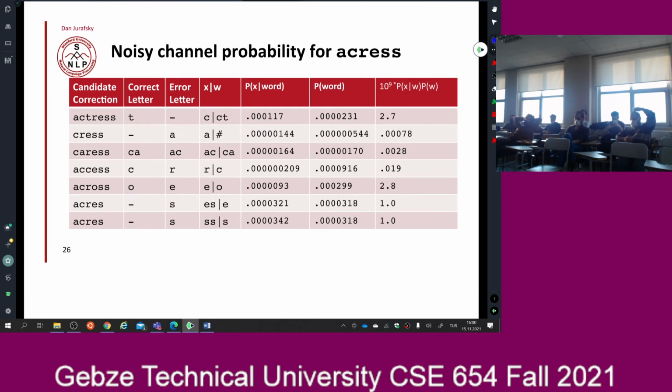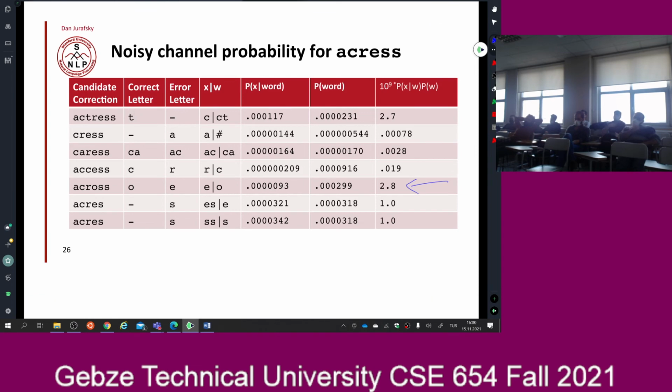And if I multiply these two, and I'm multiplying with 10 to the power 9 so that the numbers make more sense, because those probabilities are very, very small, it looks like this is the better alternative than across, even though our usual typing behavior says that this is the error you are making.